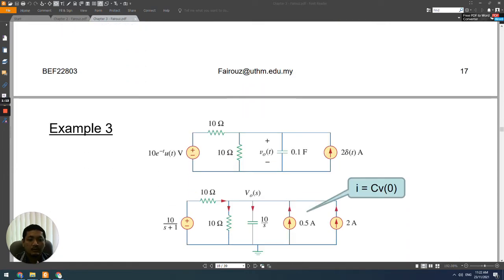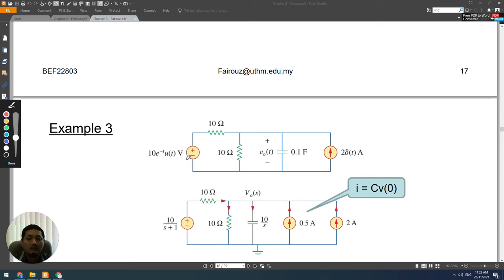Now, as I said before, the first step is to transform the circuit from time domain to S domain or frequency domain. So you can see here, as usual, the resistor is still the same in both T and S domain.